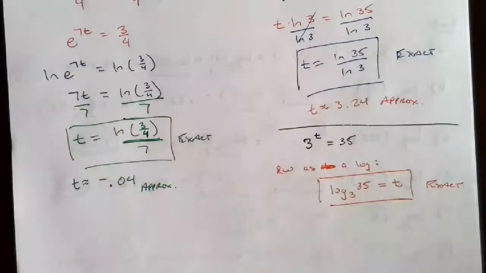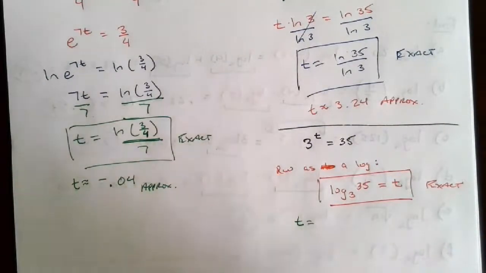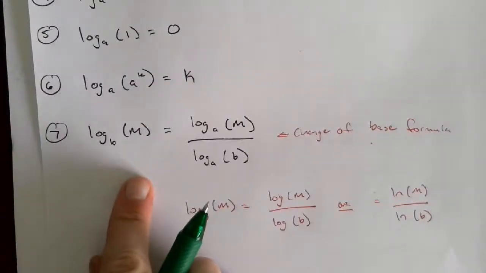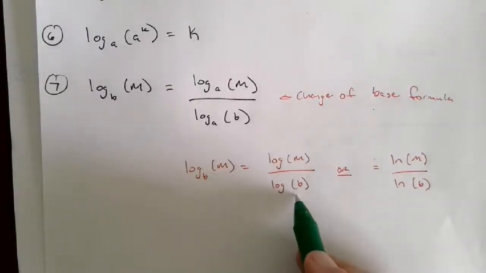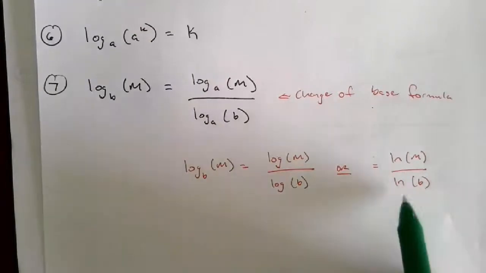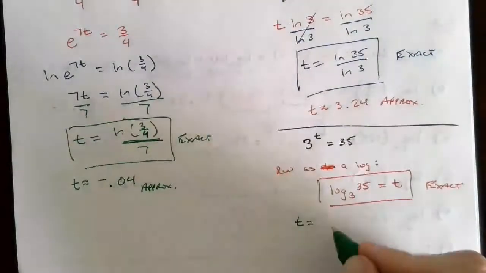But keep in mind that if I'm looking at this change of base formula, right? If I was saying t equals, remember the change of base formula we talked about here, number 7? Change of base formula says you can take the log of the inside over the log of the base, right? That's what it really says. Or the natural log of the inside over the natural log of the base. So when I use my change of base formula, let's say I was using the one natural log.